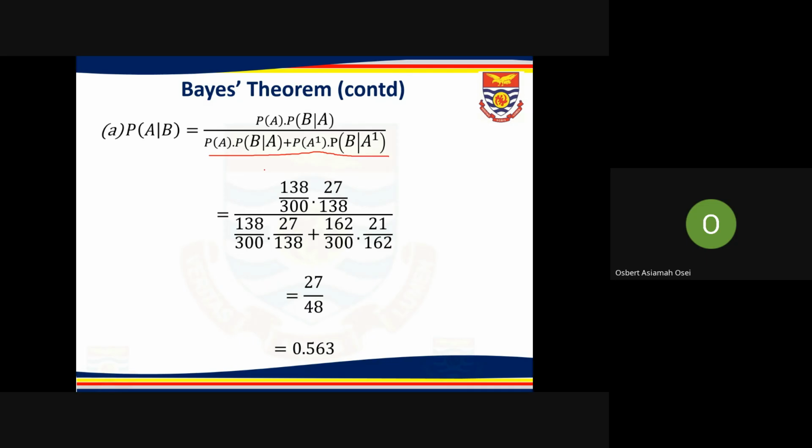So we go on with the substitution. When we go on with the substitution, P of A from the tree diagram is this. P of B, the bonus, given that you have attended the seminar is here. And P of A is here. P of B given that A has already occurred is here.